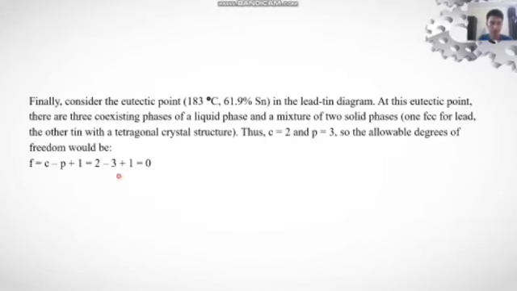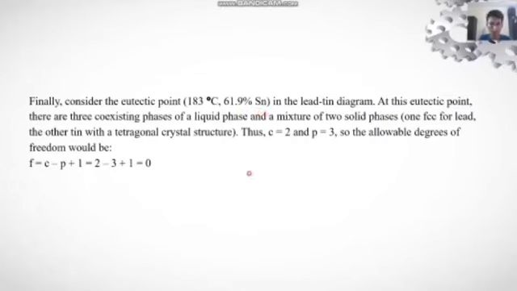Finally, consider the eutectic point, at 183 degrees Celsius and 61.9% tin in the lead-tin diagram.